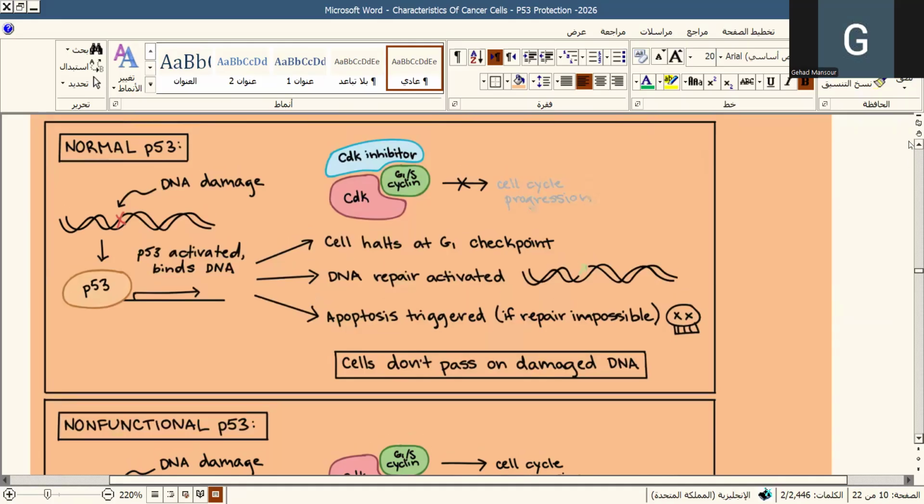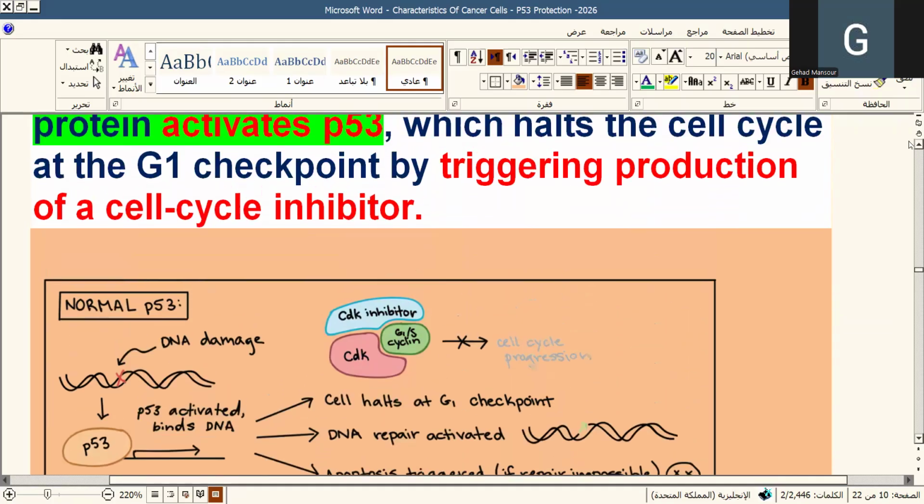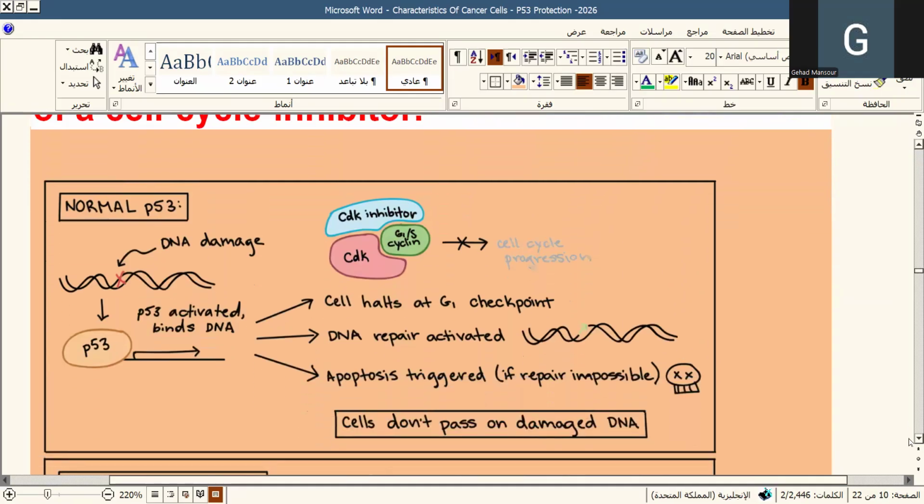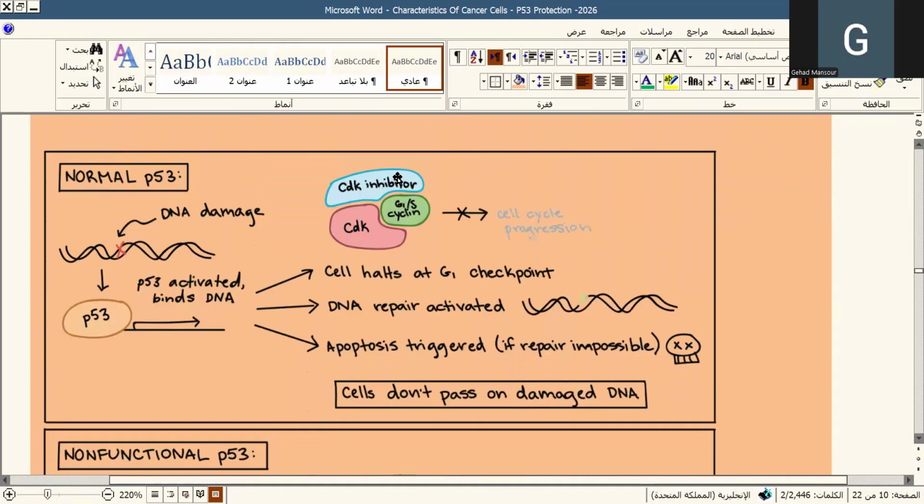This is the inhibitor we have just talked about when we said that P53 will trigger production of a cell cycle inhibitor. So what does this cell cycle inhibitor do? It binds to this cyclin CDK complex and prevents cell cycle progression.